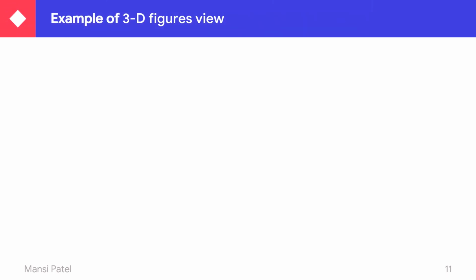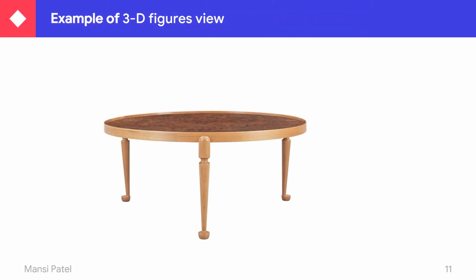See one more example of a 3D figure. Here I am giving one picture to you, and this is the picture of a table. From which view can we see this type of table? We can say from the front view we can see this image of the table. But what about the other views?